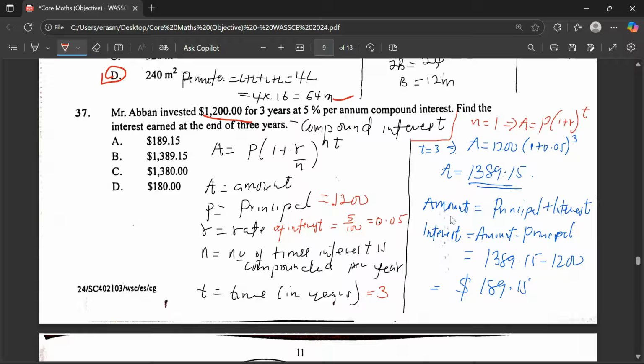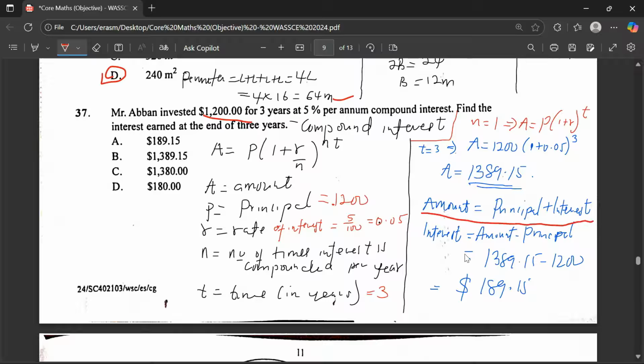Now, amount equals principal plus interest. The amount that you're going to earn at the end of the 3 years is equal to the principal, your initial capital, plus the interest in 3 years, right? Now, if you want to make interest the subject, because that is what we are asked to find, then interest is going to be amount minus principal from this equation.